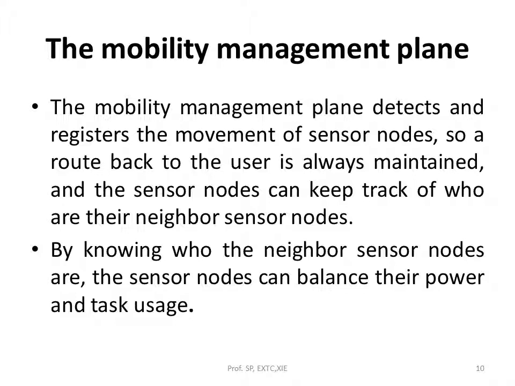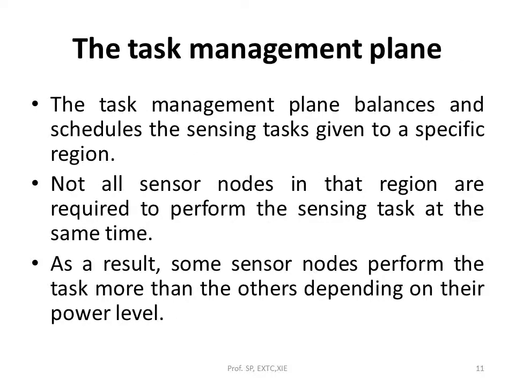Based on how much power is available in the neighboring node, communication can take place. If a node is exhausted of energy, there is no point giving data to that node. By the time it receives the information and transmits it to the next node, the power may drain and the information will be lost there itself. That should be taken care of.